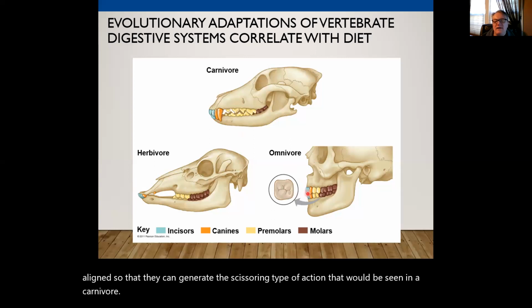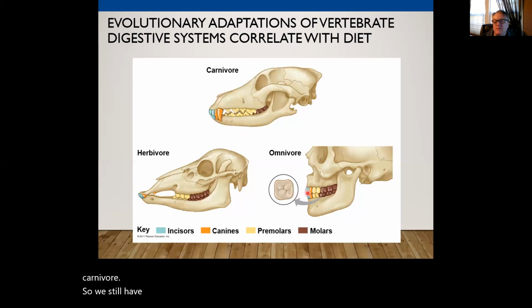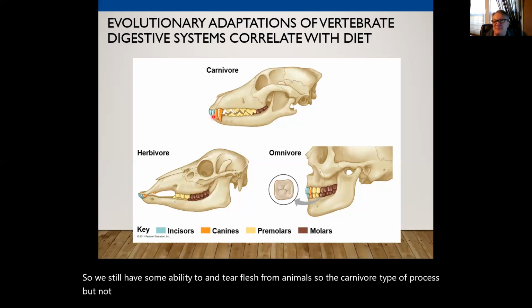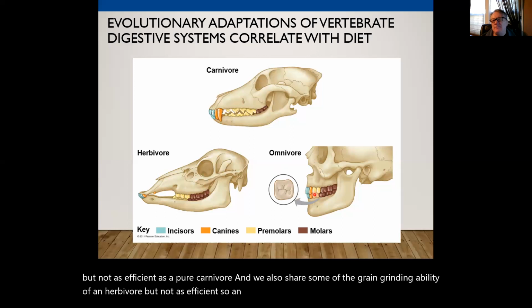So we still have some ability to rip and tear flesh from animals, the carnivore type of process, but not as efficient as a pure carnivore. We also share some of the grain grinding ability of an herbivore, but not as efficient. So an omnivore fits in a happy medium.